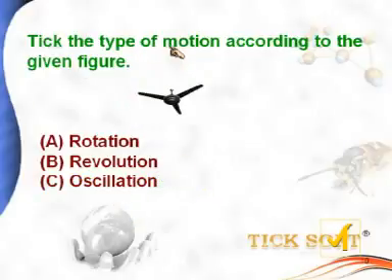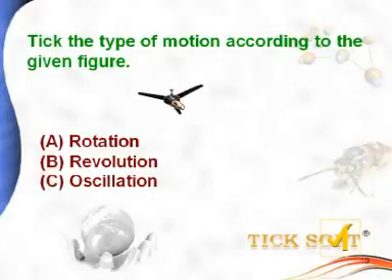Tick the type of motion according to the given figure. The options are option A rotation, option B revolution, and option C oscillation. See, the movement of the fan will be on its own axis. This is the axis for the fan.